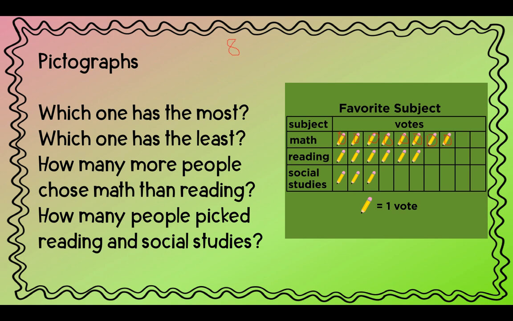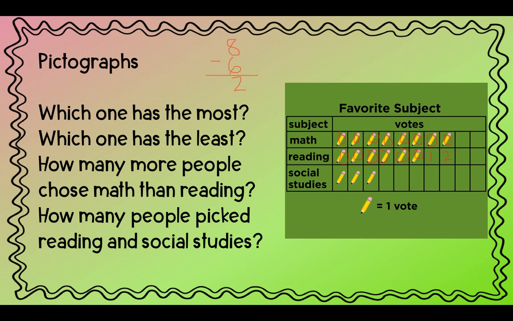And I need to subtract how many people chose reading. 1, 2, 3, 4, 5, 6. I can answer this question by going 8 minus 6, or I can look at how many blank spaces there are beside the reading that aren't beside the math. So there's 1 space here and 2 spaces here. I also see 8 minus 6 is 2. So 2 more people chose math than reading.